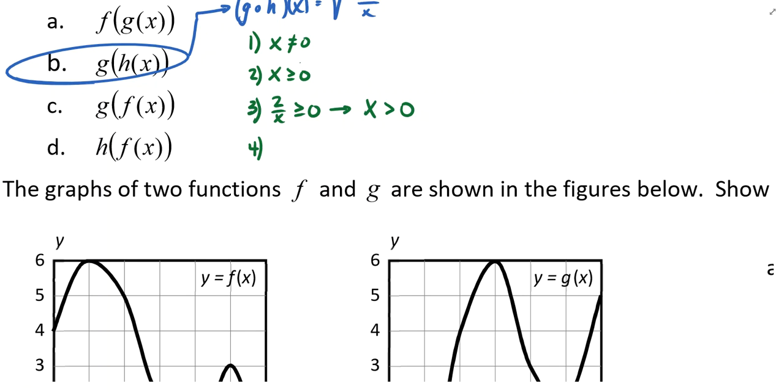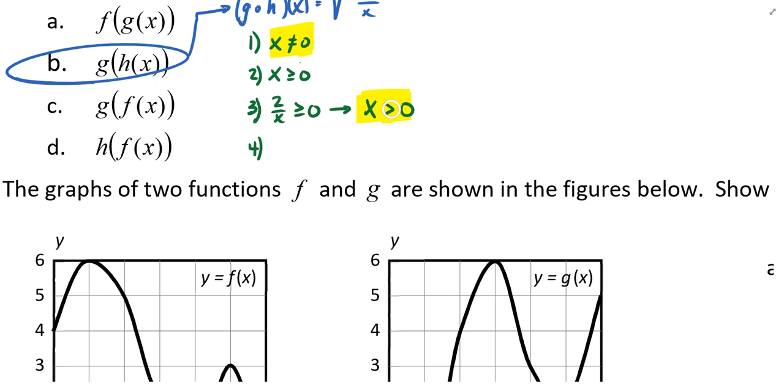So in part 4, we combine our domains for part 3 and part 1. So when is x greater than 0 and when is x not equal to 0 simultaneously? Well, these two don't really overlap one another, so it's not like these two can exist simultaneously. Well, I guess they do overlap, but these two don't actually share any values.